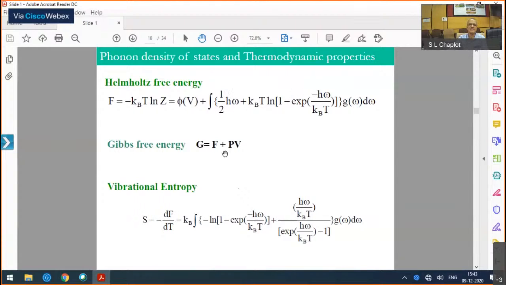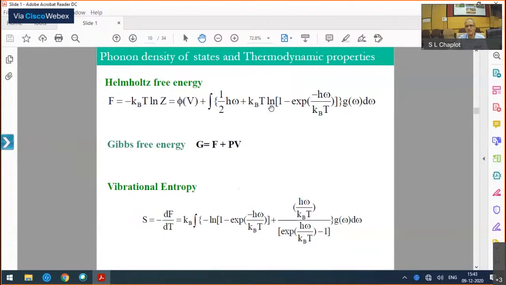Here, I'm sorry, there's a mistake: h should have been h-bar, but this is again some software issue. So you have the temperature and the frequencies together, which gives all the vibrational contribution to the Helmholtz free energy.